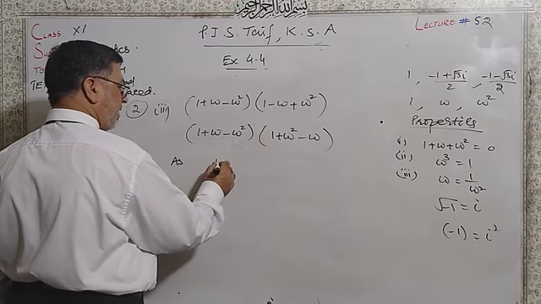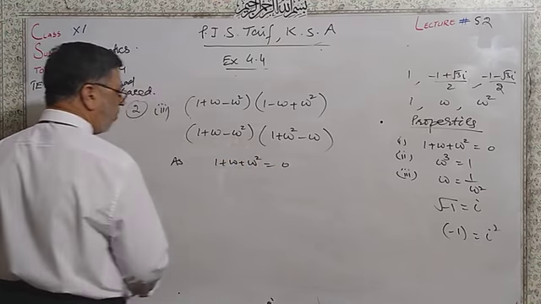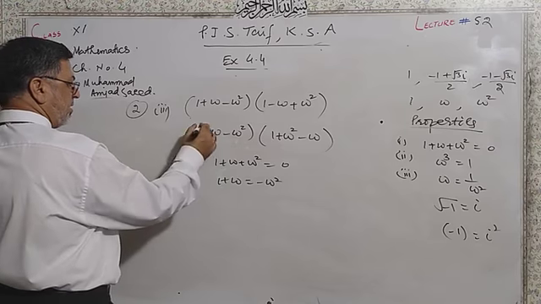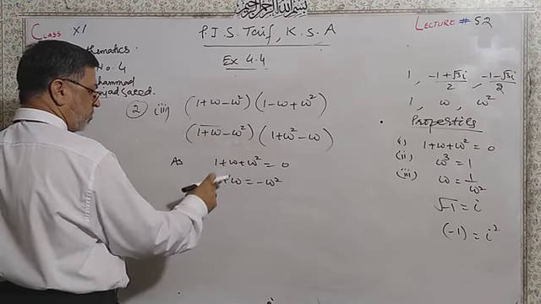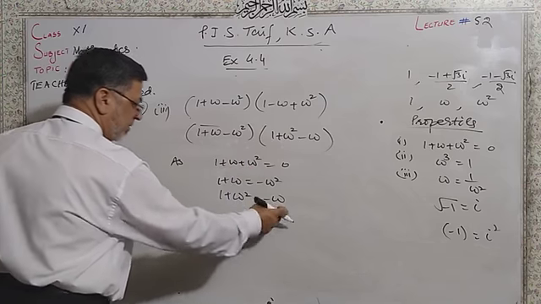So the value of 1 plus omega is minus omega square, and the value of 1 plus omega square is minus omega.